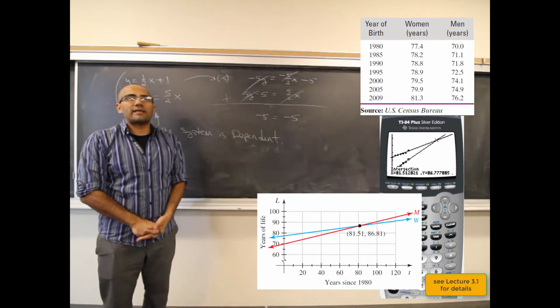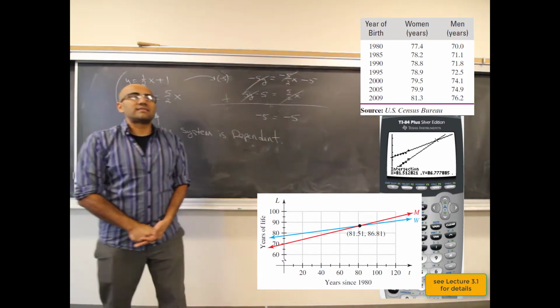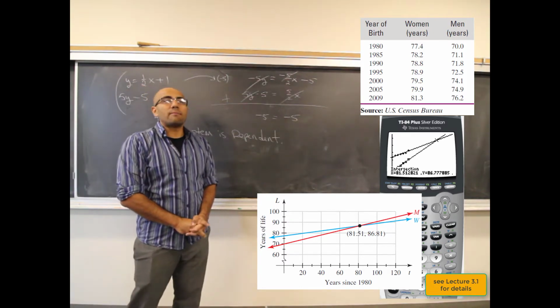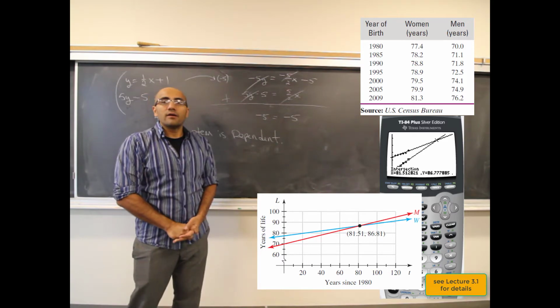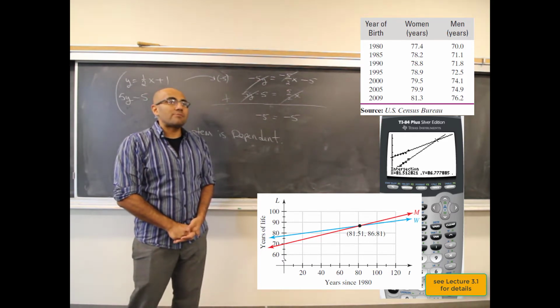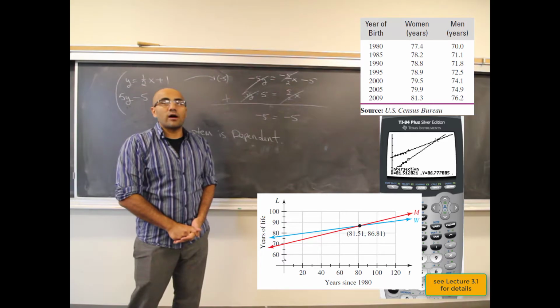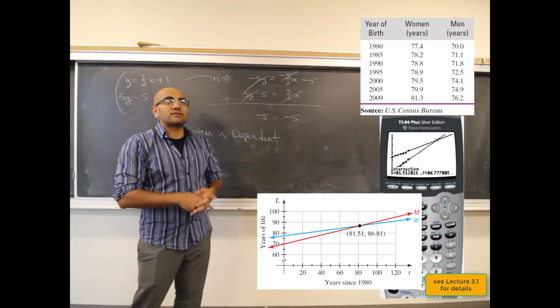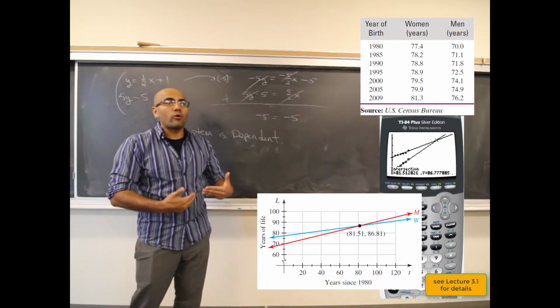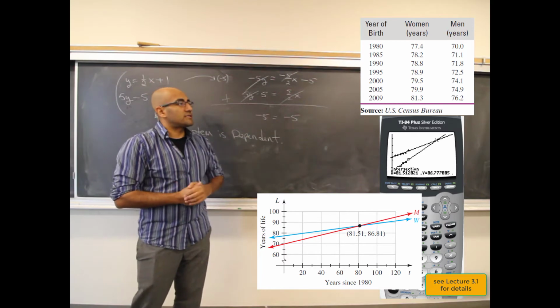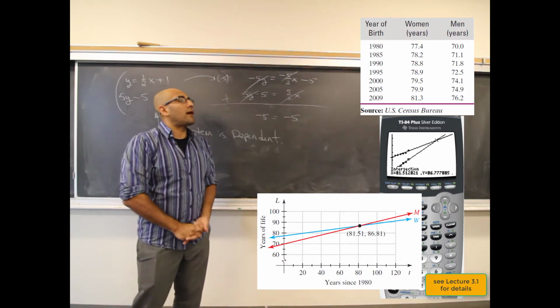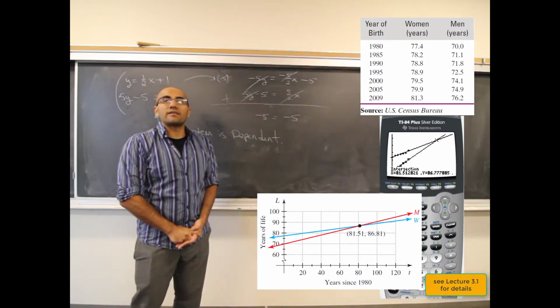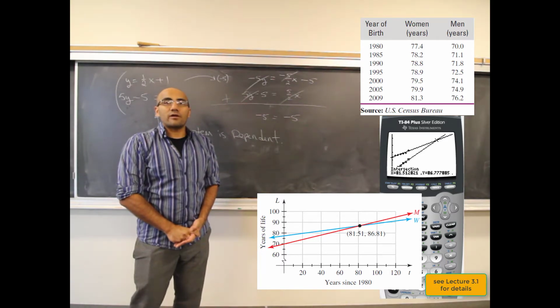So the answer was like 2061, I think, is when men and women will first have the same life expectancy. So a baby born in 2061 will have the same life expectancy regardless of whether it's a boy or a girl. And that life expectancy, we estimated it to be about 86.81 years of age. That's how we found it with our calculator.